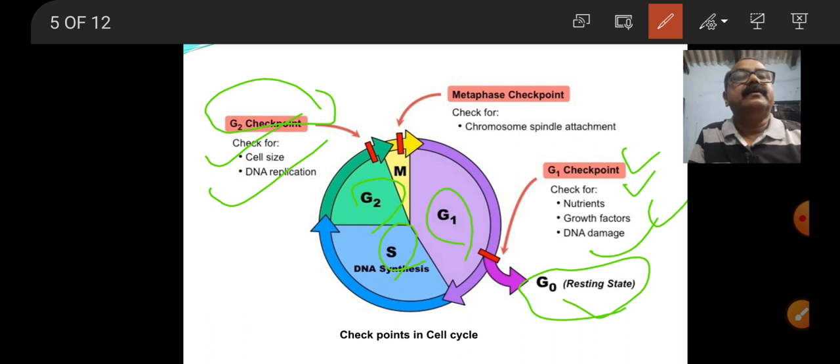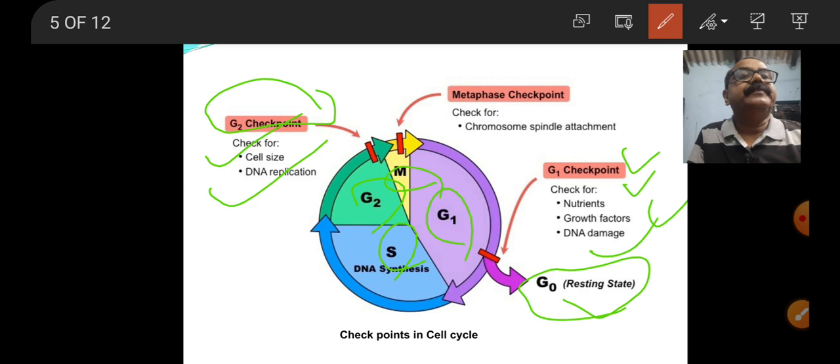If the cell grows properly and DNA replication occurs in the right way, then the cell passes through the G2 phase and enters the mitotic phase, that is the M phase.